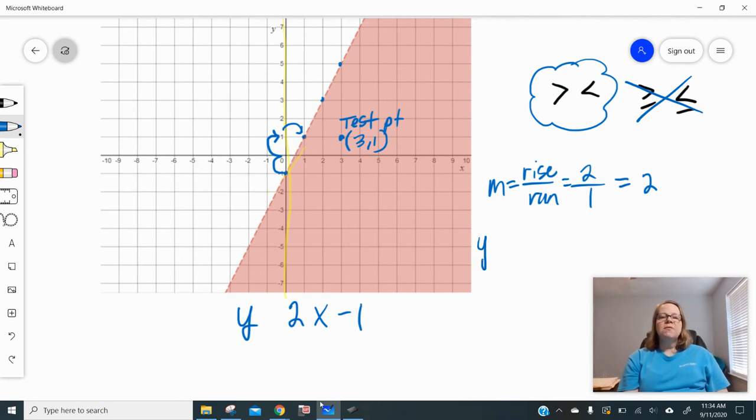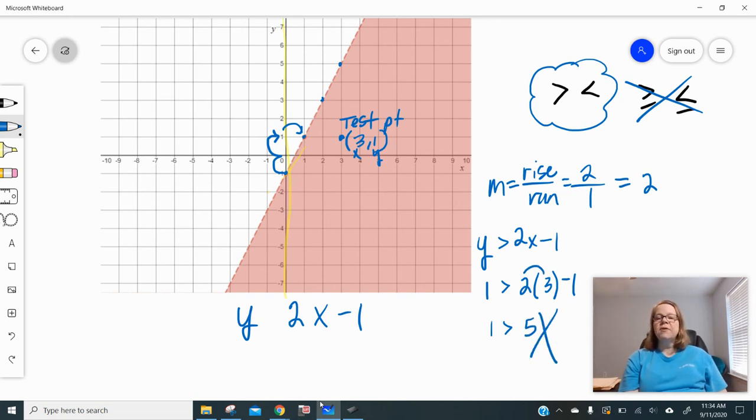All right, so let's say that I think it's y is greater than 2x minus 1. Okay, so if this is my x and this is my y, then I'm going to plug in 1 for y, 2 times 3 minus 1. Okay, bring down the 1 greater than. 2 times 3 is 6. 6 minus 1 is 5. Is 1 greater than 5?